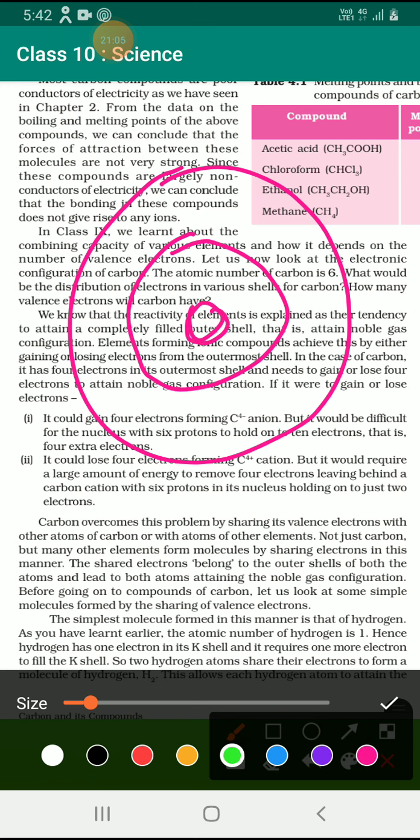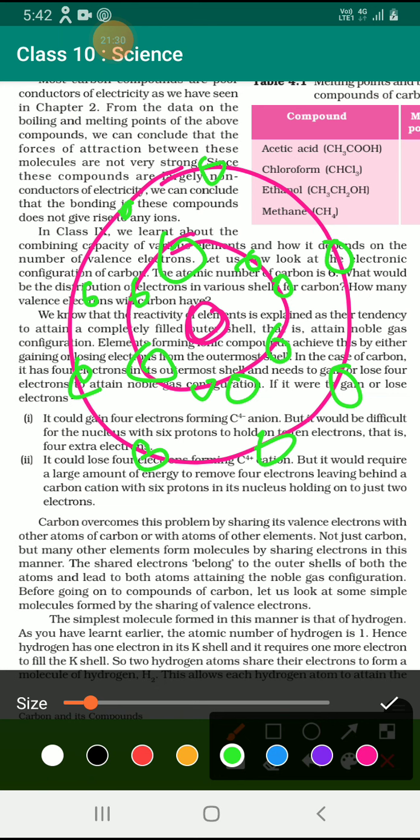In which suppose the outermost electrons will be 8. 1, 2, 3, 4, 5, 6, 7, 8. Suppose 8 electrons. Here also I can draw 1, 2, 3, and 4, 5, 6, 7, and 8. Okay, in the outermost shell there are 8 electrons. Then this is called an octet structure.